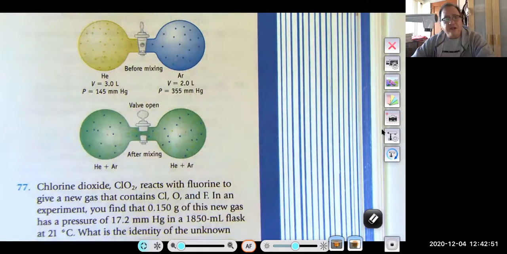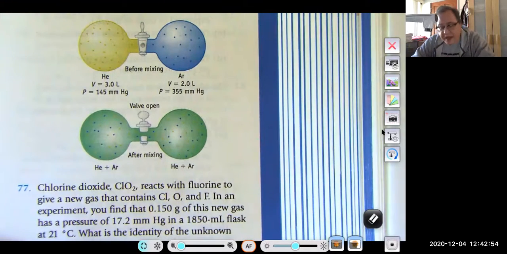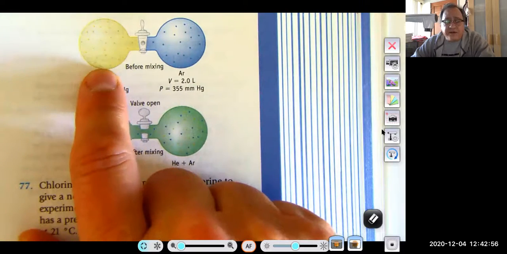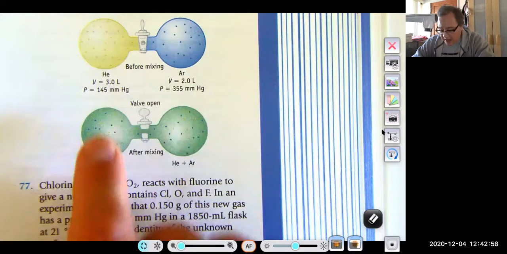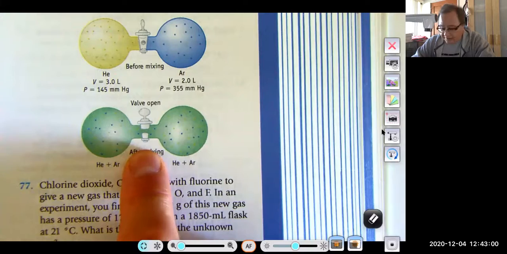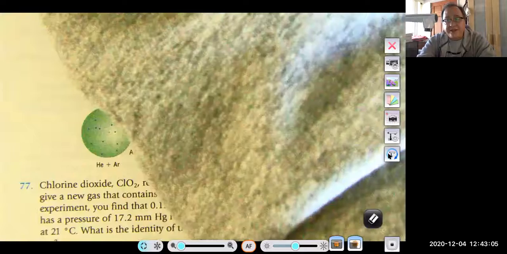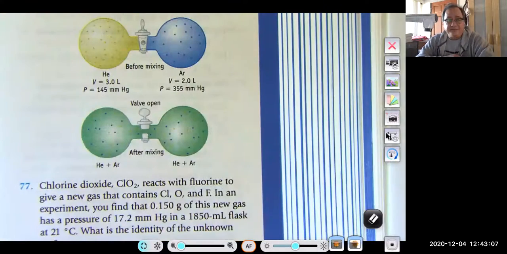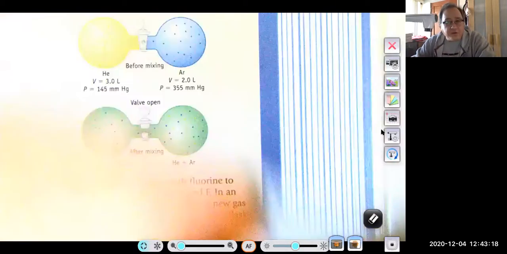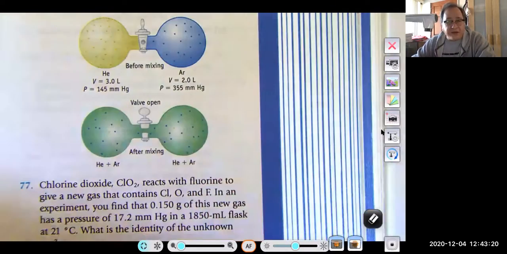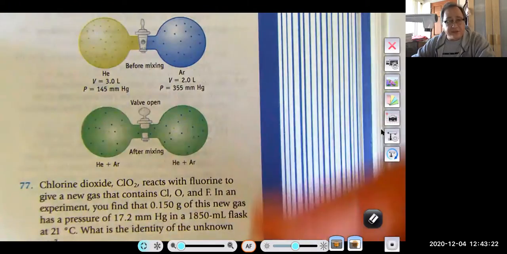Okay, so could you calculate the pressure of the helium gas after you open the stopcock if there was no argon in this container? If you think you could do that, give me a thumbs up. Does it sound like a P1V1 over N1T1 is equal to P2V2 over N2T2 type of problem?